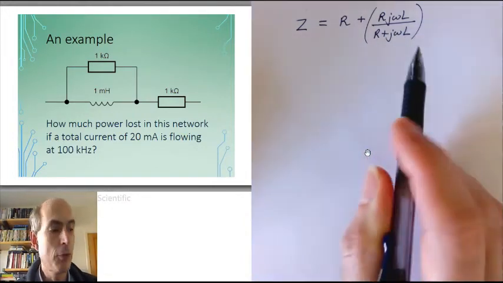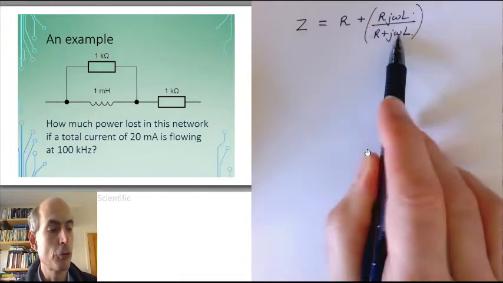And the standard way to do that is to multiply top and bottom by the complex conjugate of the bottom.